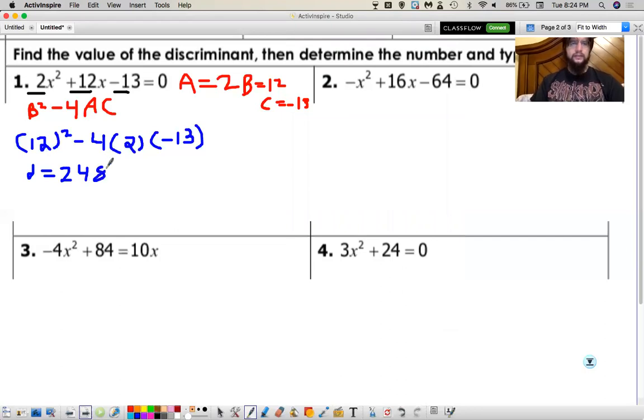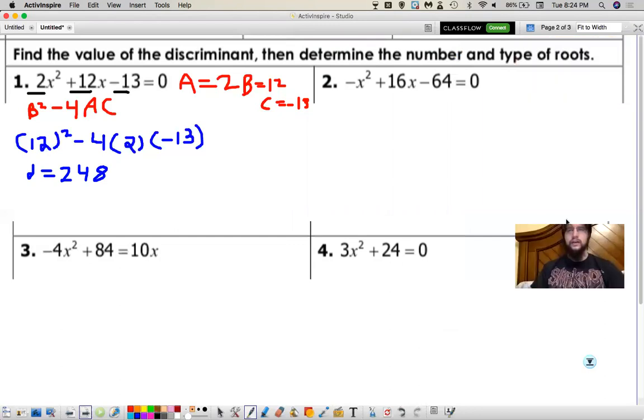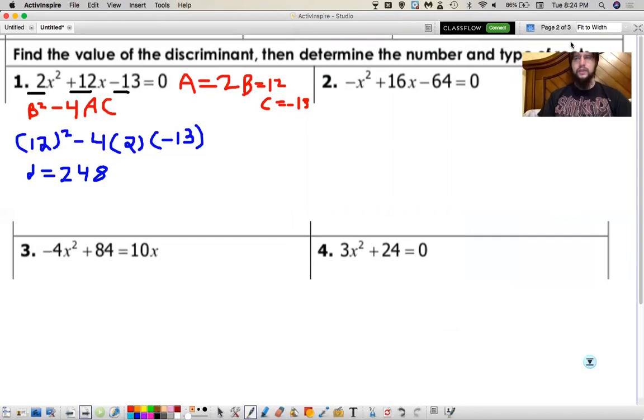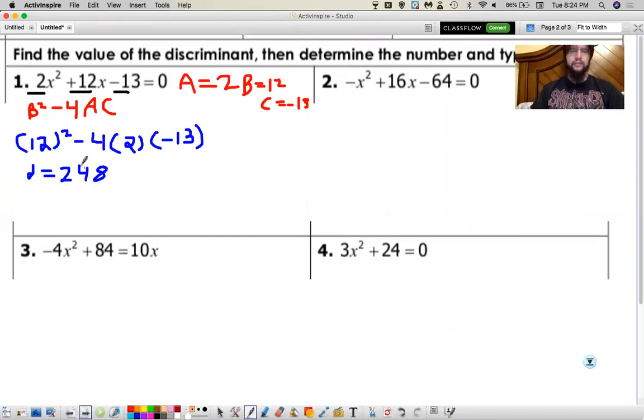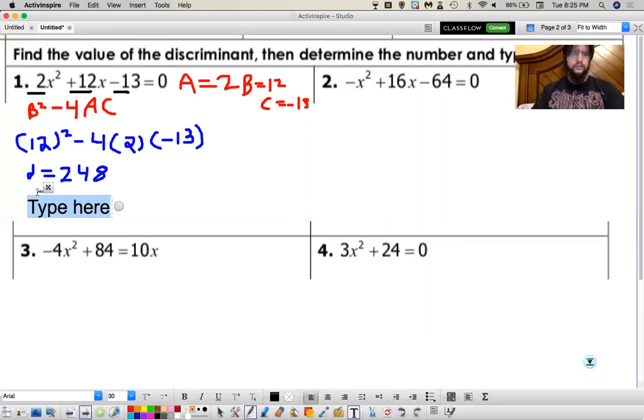It asks, how many roots do we have and what kind are they? So how many do we have? Well, is that number 0? No, it's not. So we have 2. Now, what kind are they?